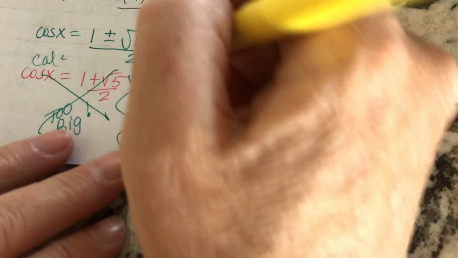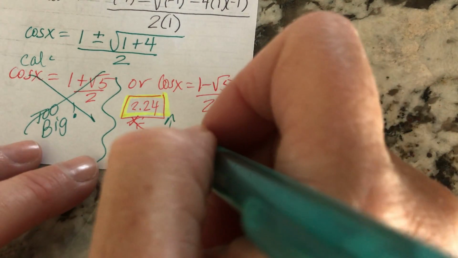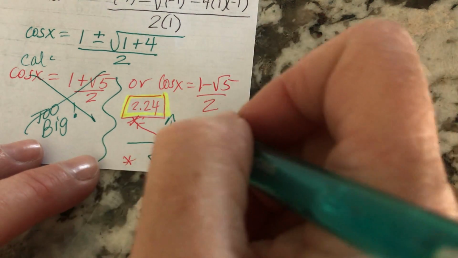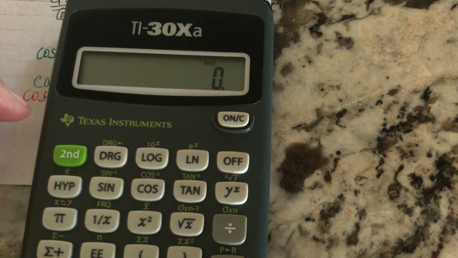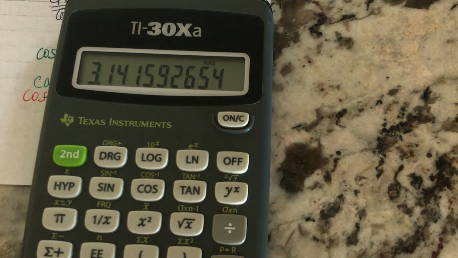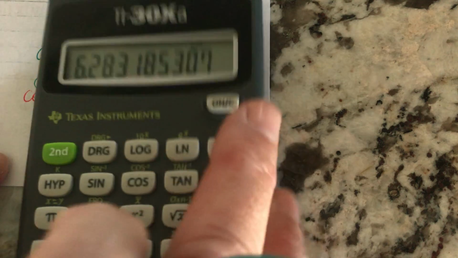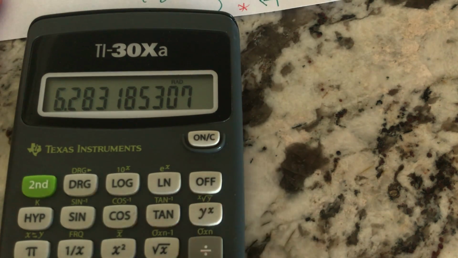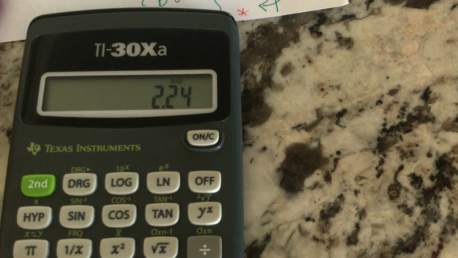But we need the other one because they told us to use the whole circle. It's so annoying. The other one is going to be 2.24 backwards. So how do you do 2.24 backwards? You start with 2 times pi, hit equals, and subtract the 2.24.